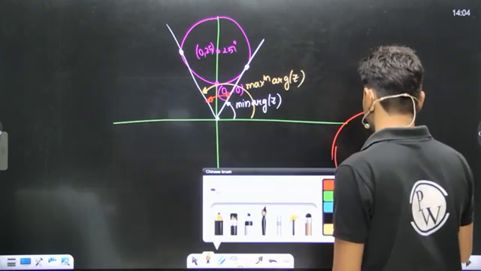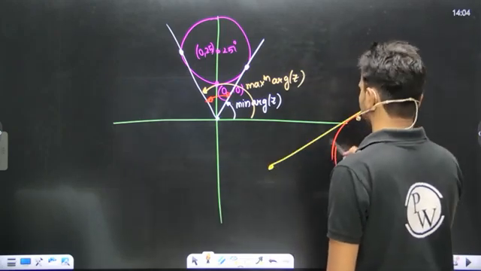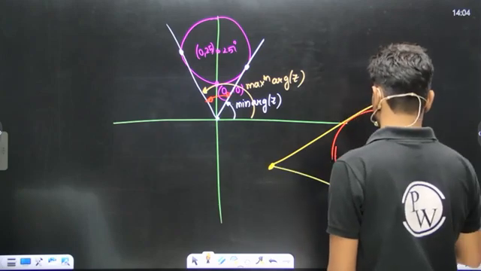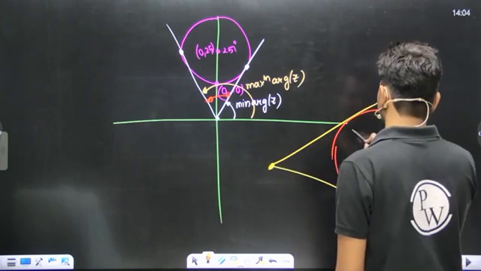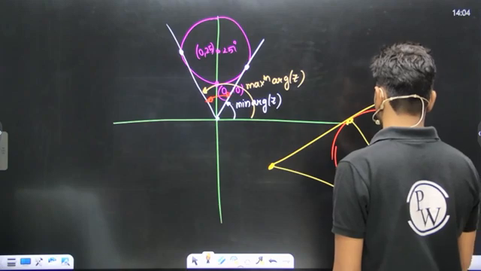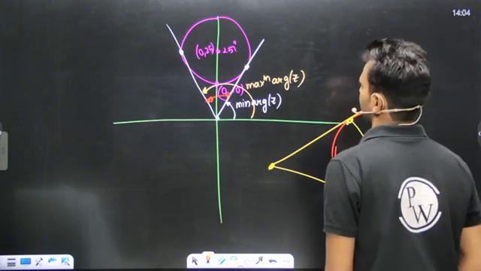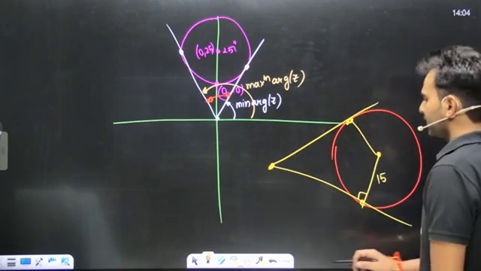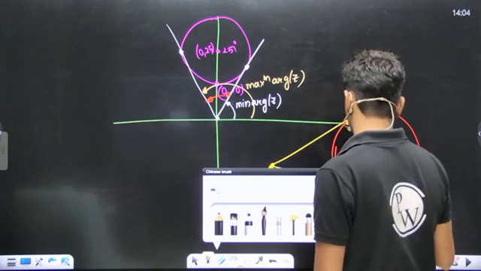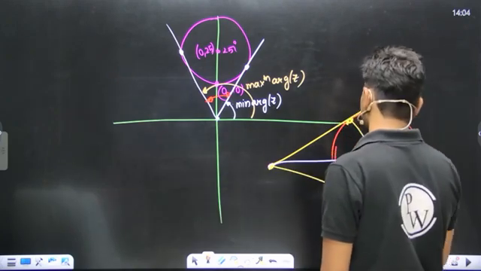Yes or no? Okay, the radius is given to us, 15, and this distance between the point from which tangents are drawn and the center is 25, given to me.